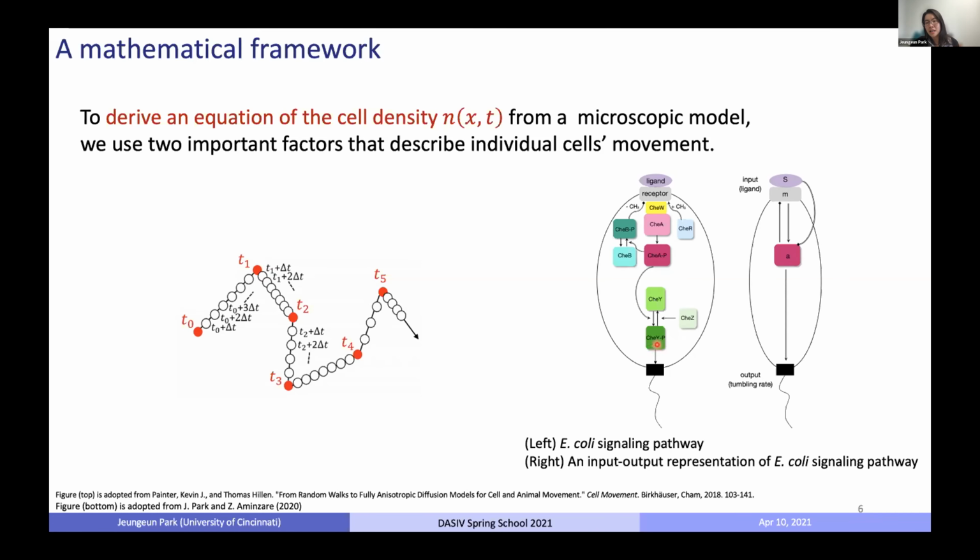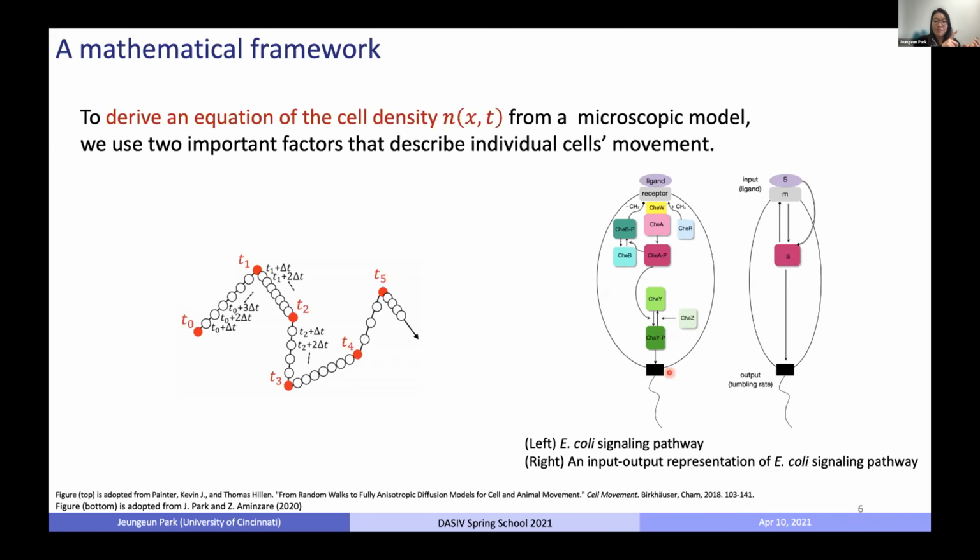So the main key here is to reduce this signaling pathway to a variable or some function A, which is called internal dynamics. And this internal dynamics is described by an ODE. And via this signaling pathway, this determines the tumbling rate, whether they change the direction of the motor or not.